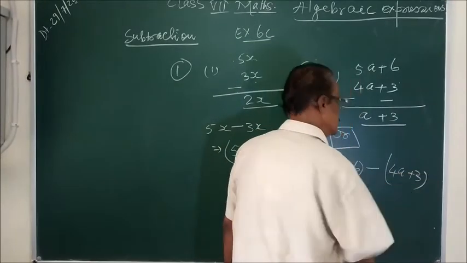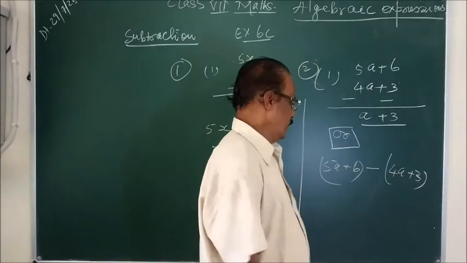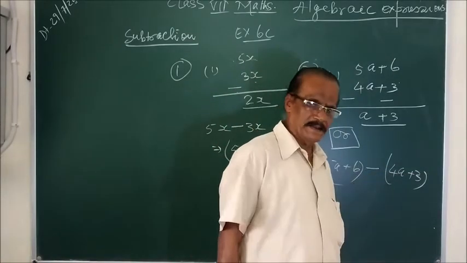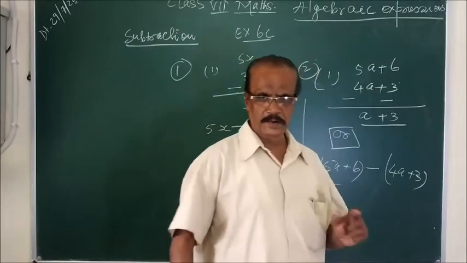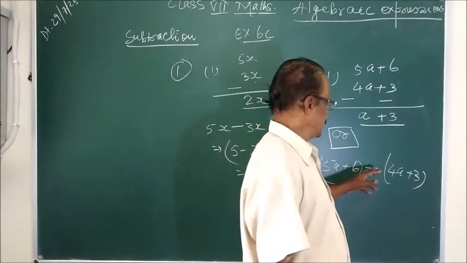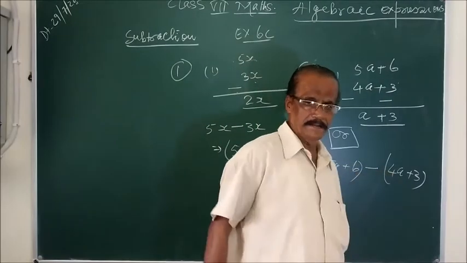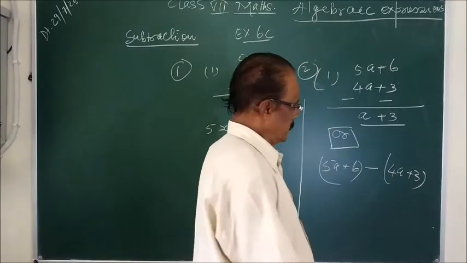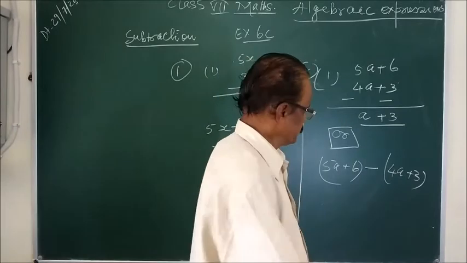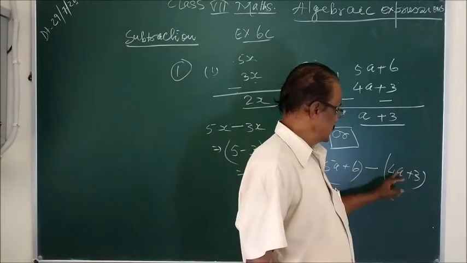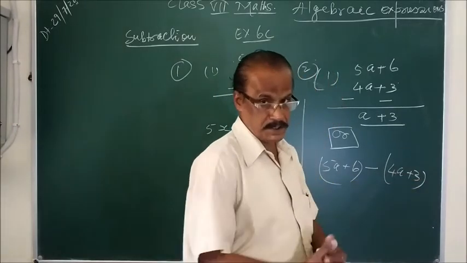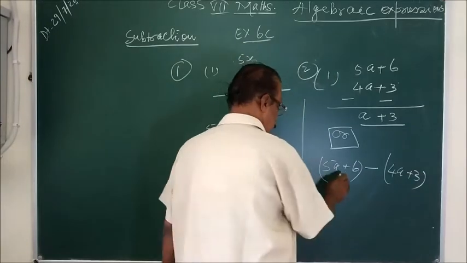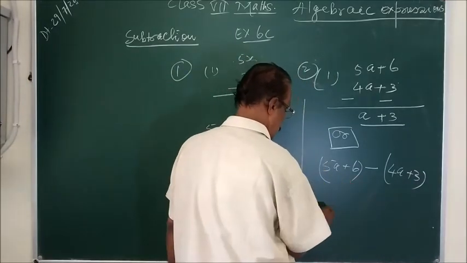You have to write in the bracket because we will remove the bracket, and it is a rule. If there is a negative sign before the bracket, and you are removing the bracket, all the signs in the bracket will be changed. Now you see, how can you solve?